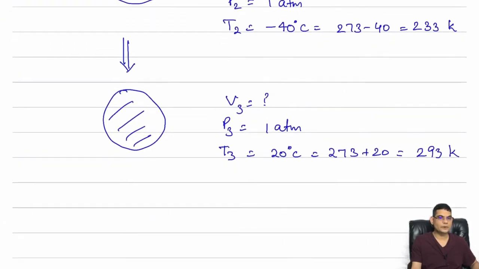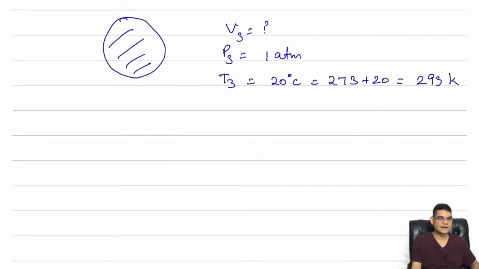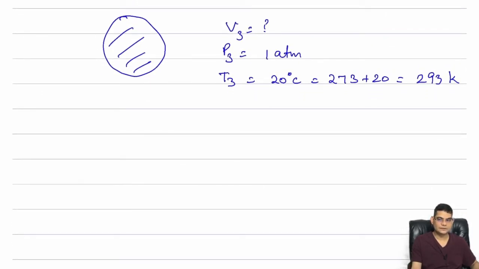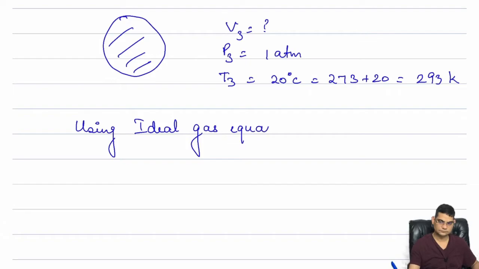Now as the number of molecules in all the three cases are same, then using ideal gas equation, PV is equal to nRT.